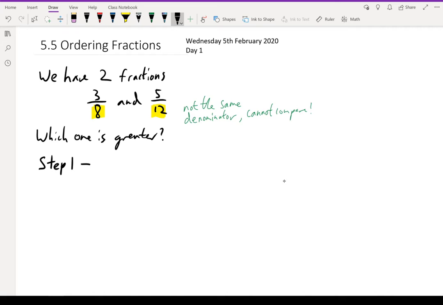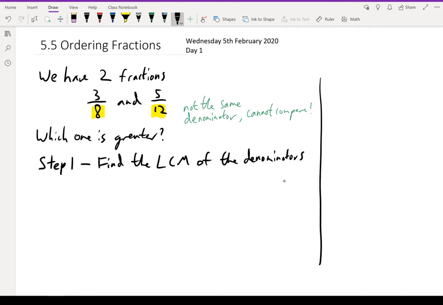We have to first find the LCM of the denominators. I'll show you at the side over here: step 1, find the LCM of 8 and 12.